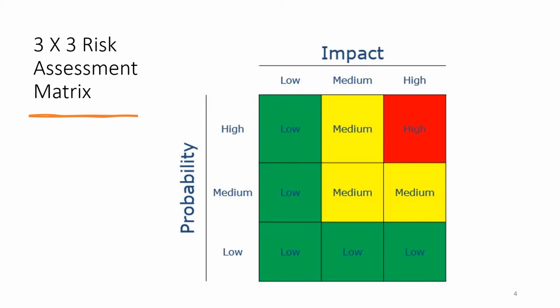Obviously, high and high is going to be red. That's something where we have to do everything we can, not just lower the harm, but literally stop doing it right now, no matter what, until you come up with a plan.